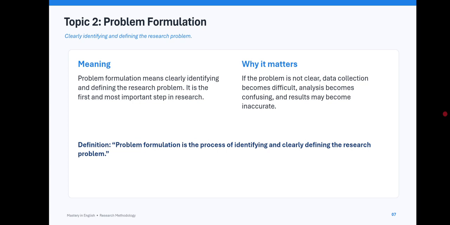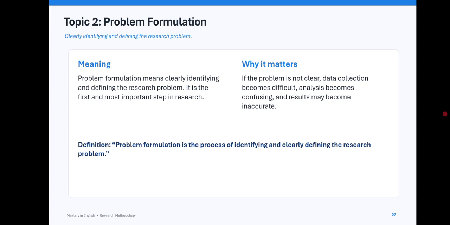If the syllabus is not clear, then the student is unable to pass the exam. In a similar way, if the problem is not clear, the researcher becomes confused, and the research becomes confusing.